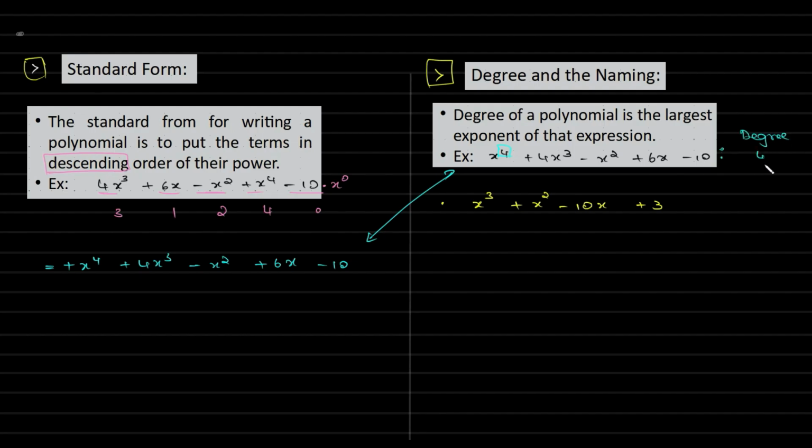In the next example, it's already in standard form: powers 3, 2, 1 and 0, x to the power of 0. So it's already in standard form, and the degree is the highest power, that is 3.